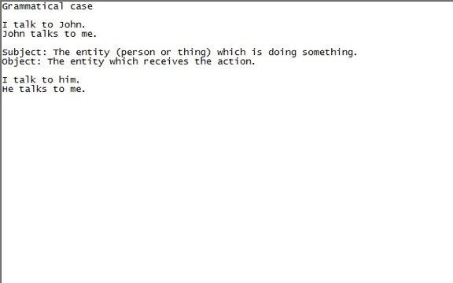See how that works? So he is the subject pronoun for the subject of the sentence. If there's a guy doing something in the sentence, then he is the subject and he becomes he. But if the guy in the sentence is the object, then he's not doing something, he's having something done to him. In this case, I'm talking to him. He's not the subject, he's the object, and so we call him a him.